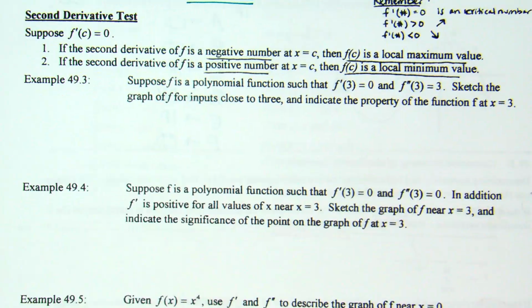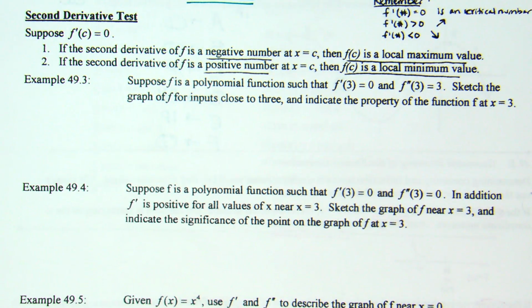So now, suppose f prime of c equals 0. So notice this is supposing the first derivative equals 0. That defines it as a critical point for us, right? So min, max, or possible inflection point.